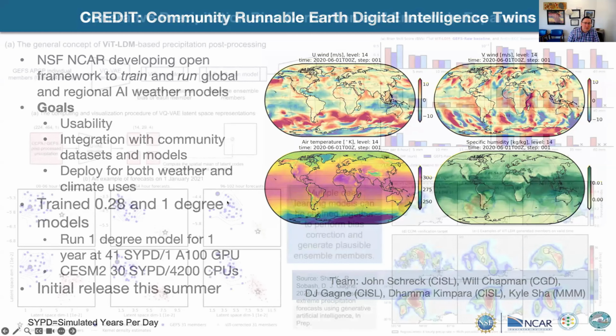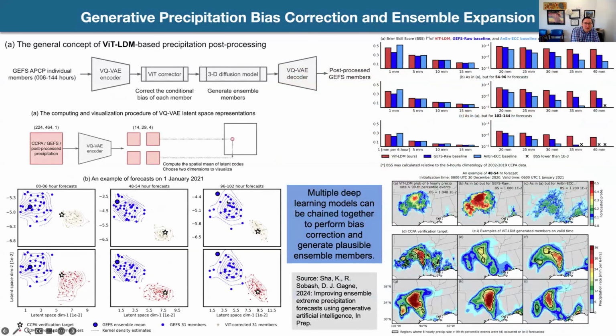Another system we've been working on is in the space of bias correction and predicting extremes better. We're using diffusion models, which take quasi-random data and then repeatedly sample them to generate realistic fields with structure at fine scales.